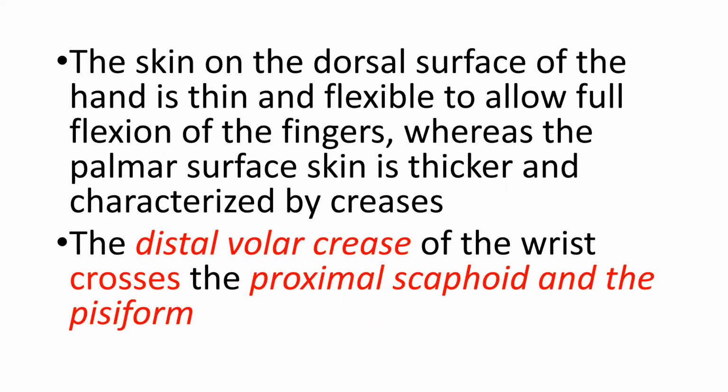The skin on the dorsal surface of the hand is thin and flexible to allow full flexion of the fingers, whereas the palmar surface skin is thicker and characterized by creases. The distal volar crease of the wrist crosses the proximal scaphoid and the pisiform.